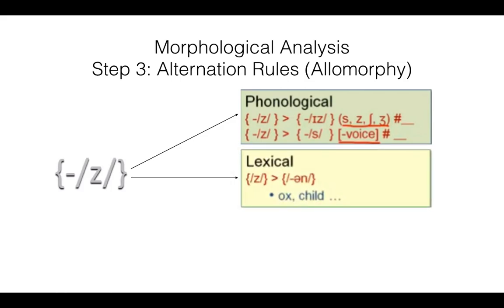Now, let's see the other type of base, okay, which is lexical. Lexical base. And this refers to ox and oxen, child, children, and the other example for brother, brethren. This kind of alternation going on in here, there is no way of providing the rule like we have seen above.